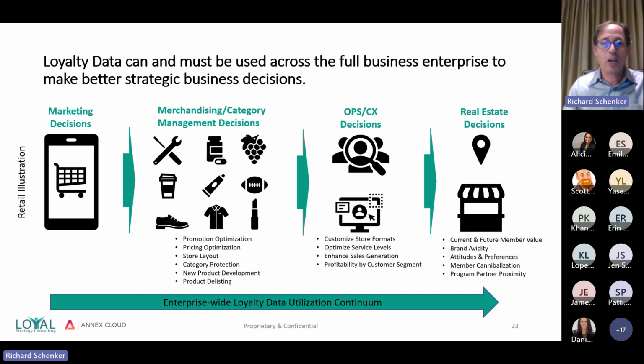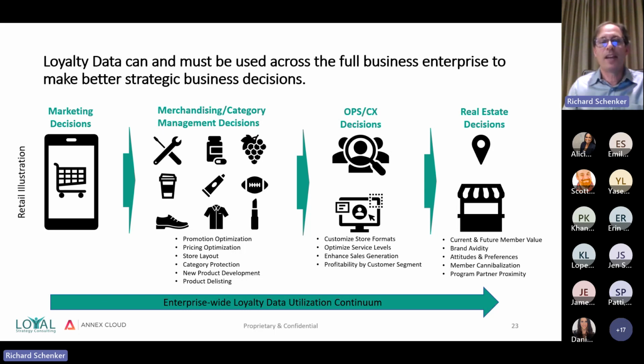Or did they just cherry pick soda, jam up the check lines, and walk out of the store and I lost $2 for every case of soda that I sold? So those are important things to understand. And that's why we believe using loyalty data to make better informed merchandising decisions, and doing that on a more direct to consumer basis, is going to create a much more effective type of promotion.